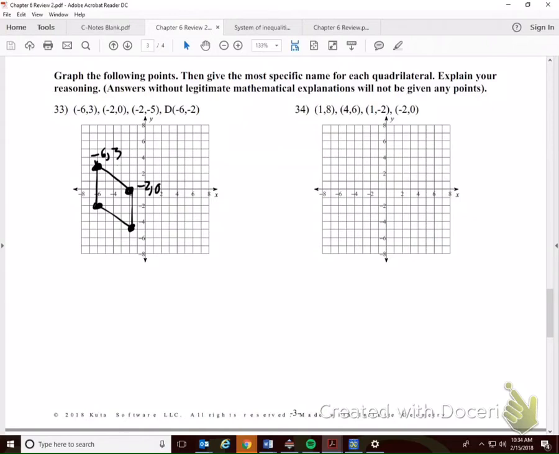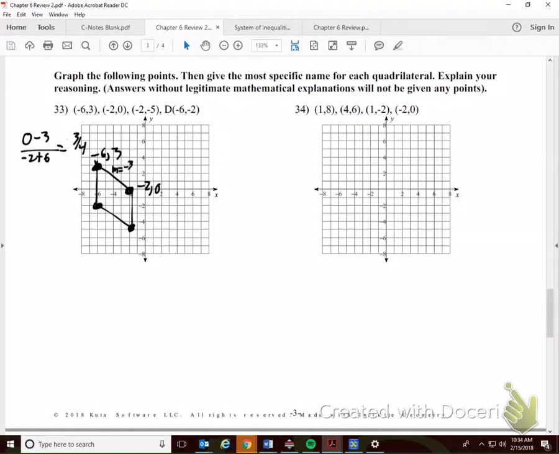Definition of parallelogram is an object or a quadrilateral with two sets of parallel sides. Since we are geometry students, we know that the manner in which we detect that is through the use of slope. So what I'm going to do is I'm going to quickly run the slope 4 times. Okay, top, bottom, left, right.